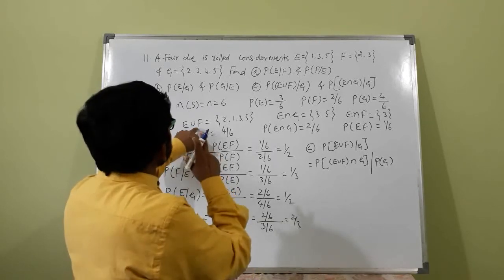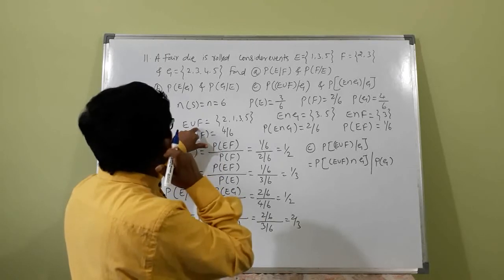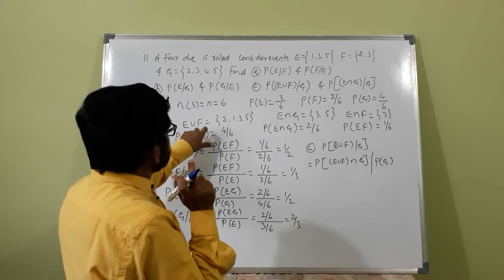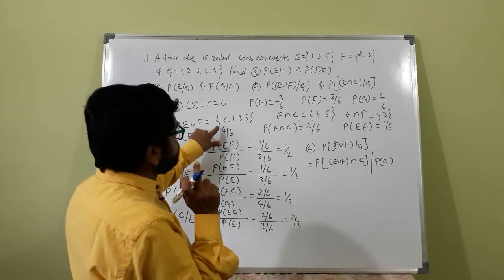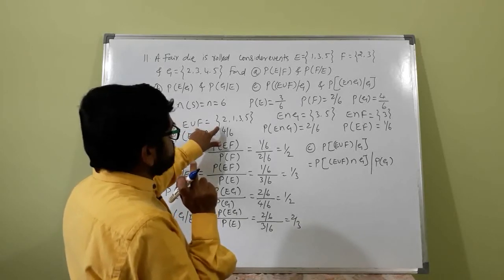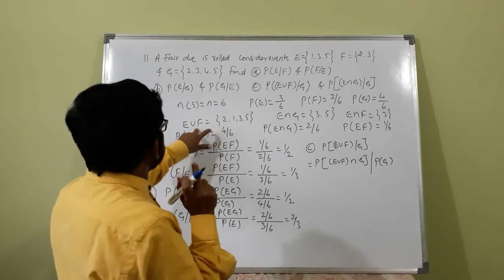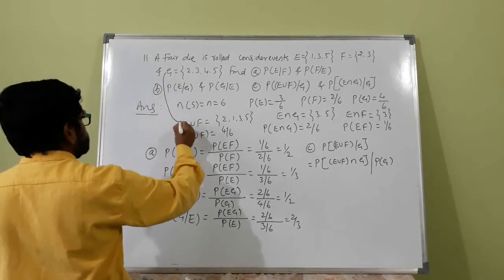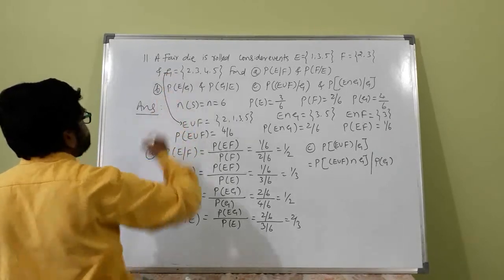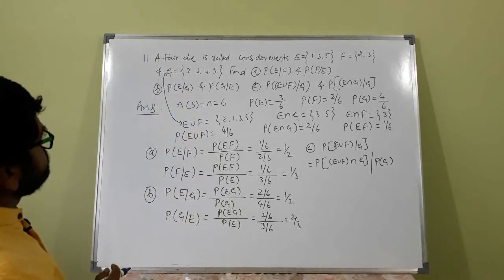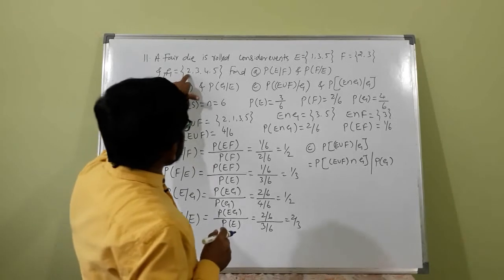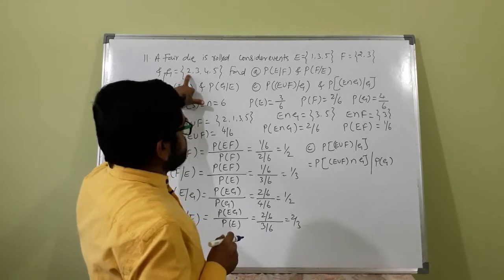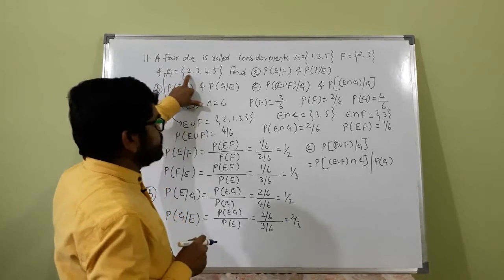G is 1 2 3 4 5, E union F is 1 2 3 5. Intersection G means you have to find the common elements, that is 2, 3 and 5.